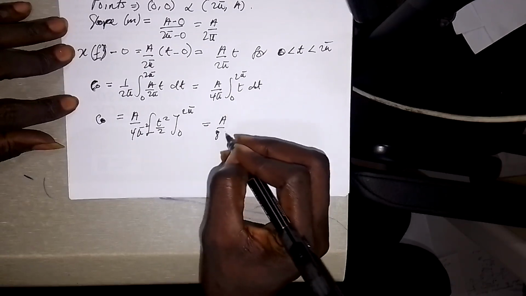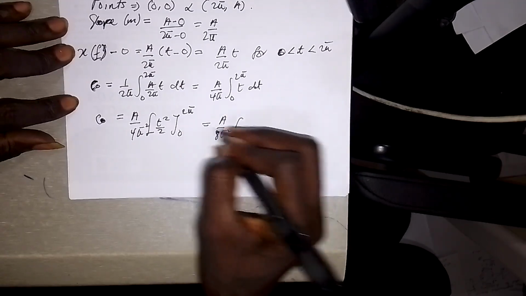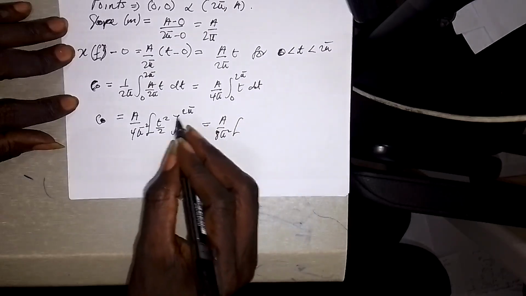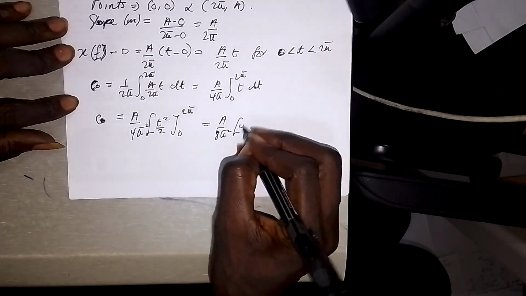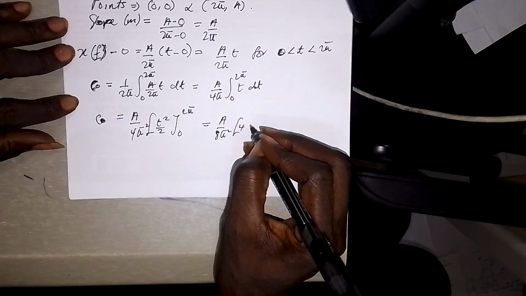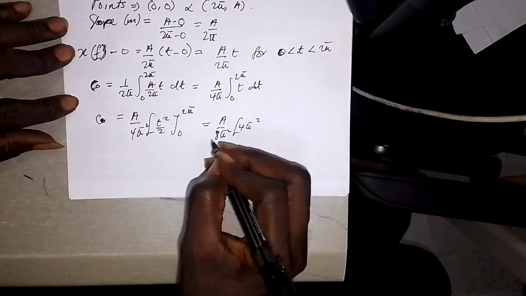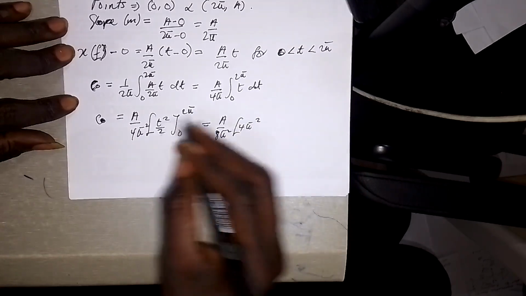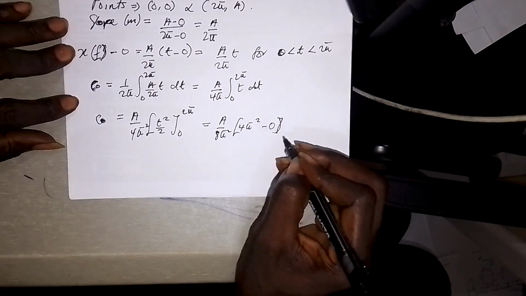I'm going to have 8 into pi squared, into this squared, it's going to give me 4 pi squared, and then minus 0.